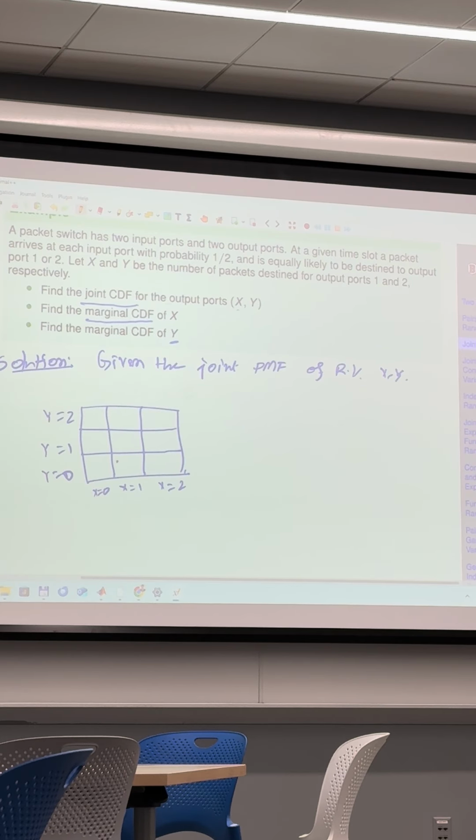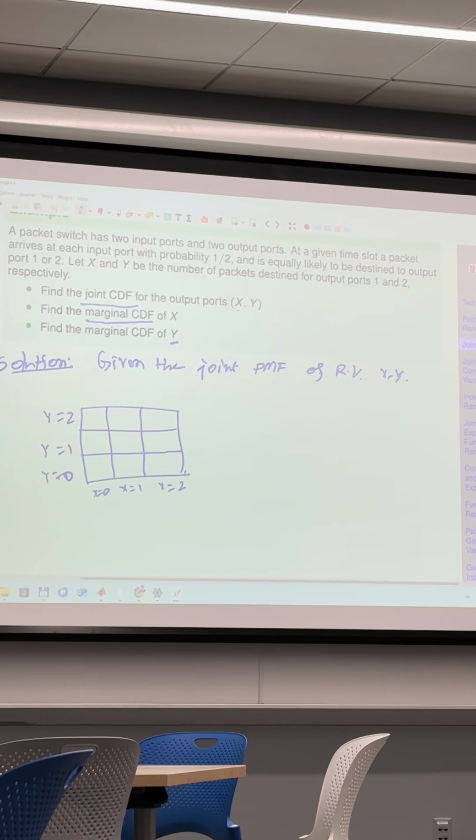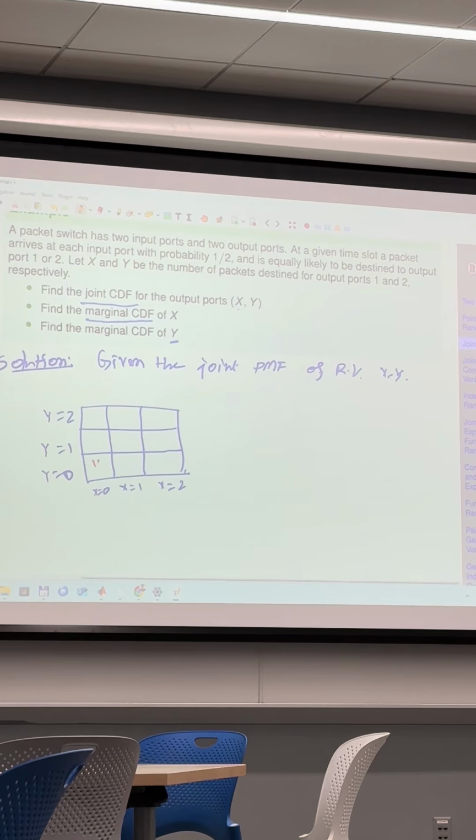I'm going to use red color to denote the joint PMF. When x equals 0, y equals 0, what was the joint PMF? 1/4. When x equals 1, y equals 0, the joint PMF was 1/4. When x equals 2, y equals 0, it was 1/16. When x equals 0, y equals 1, it was 1/4. When x equals 0, y equals 2, it was 1/16, right?